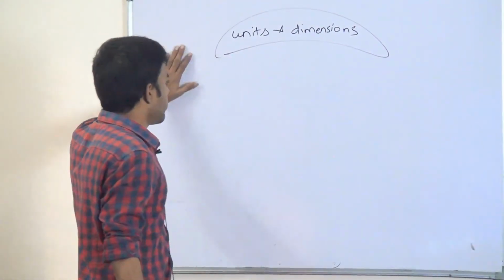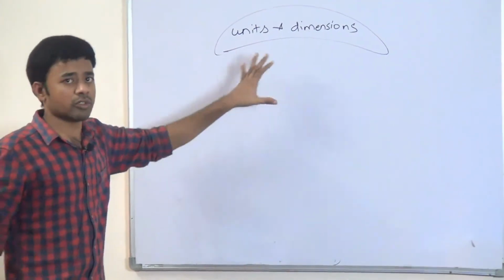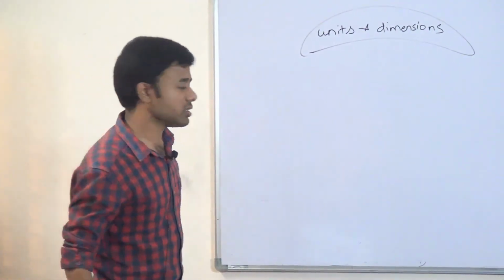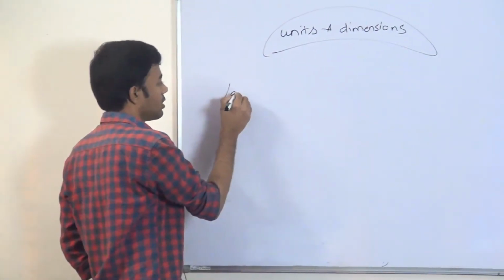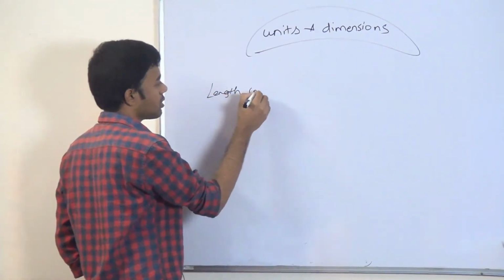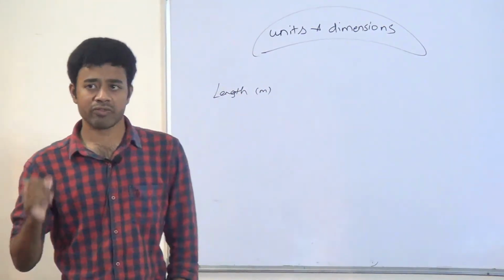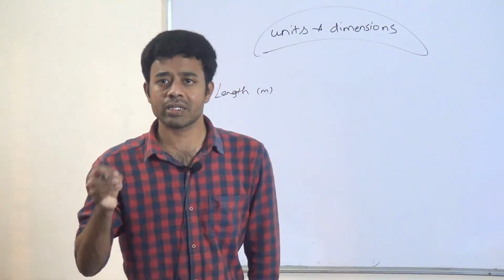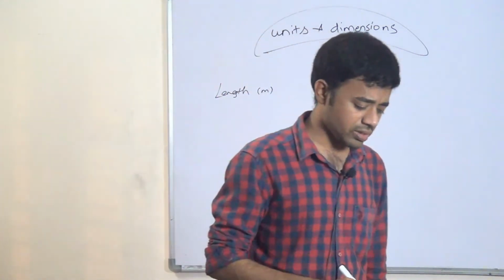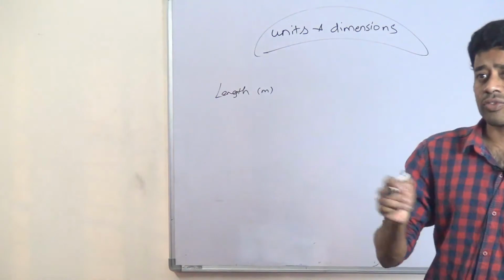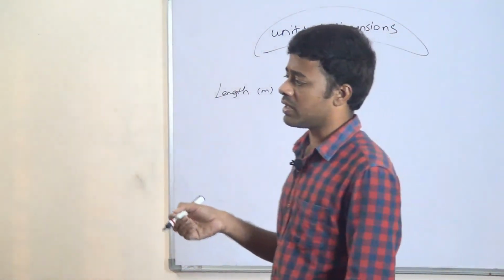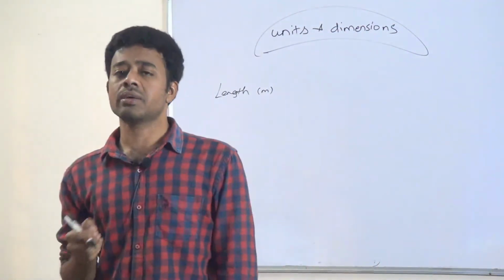So, as we have written the SI units of almost the 7 fundamental physical quantities, for example, take length. Length SI unit is meter, we know that. But sometimes every physical quantity cannot be indicated only in terms of meters; it is tough to indicate each and every length in terms of meters.